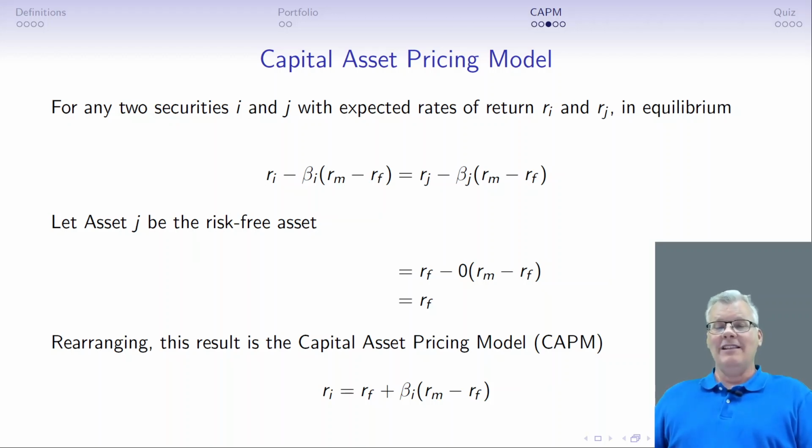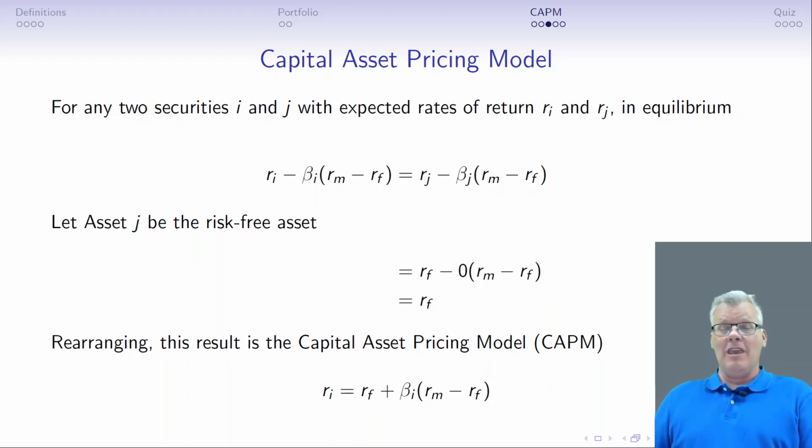So what that means then is the right-hand side reduces to R sub F. If I rearrange this final result, I get this expression that's known as the capital asset pricing model, or CAPM.